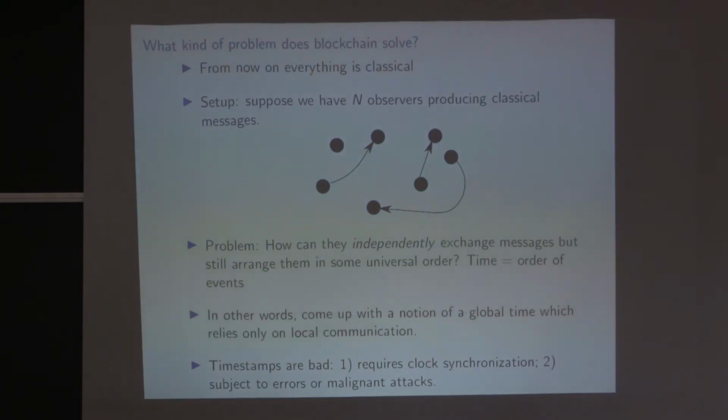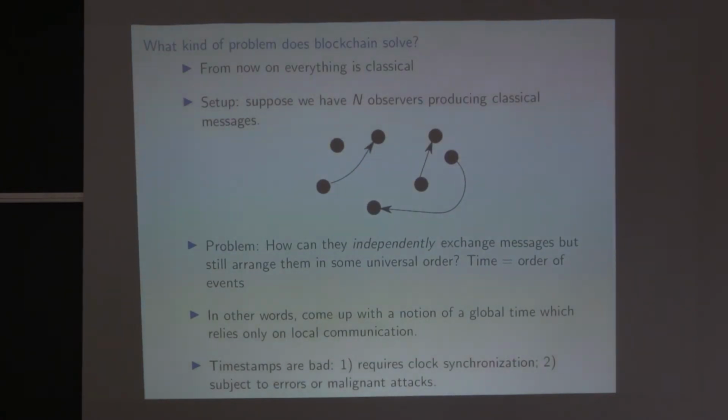Sorry, are you allowing for relativistic exchanges? Okay, good question. Well, all this has to be seen as living in one space point. I will assume that there is some fixed bound on the message delivery time.